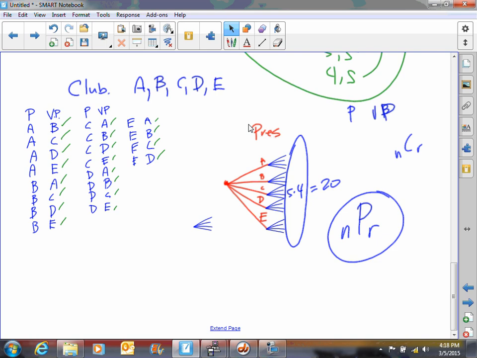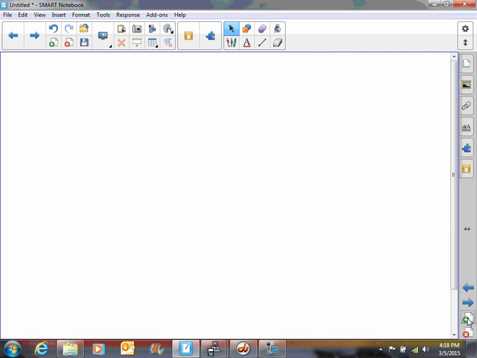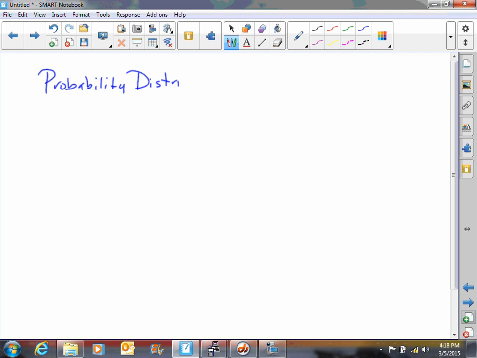Now the next thing that we want to talk about is probability distributions. Now, statisticians talk about a random variable.